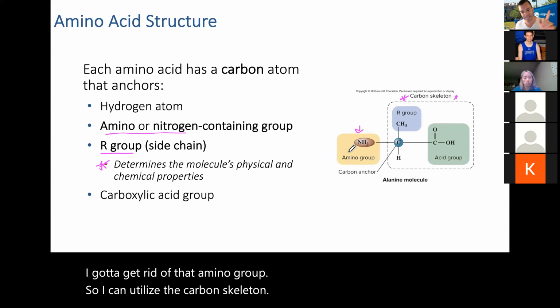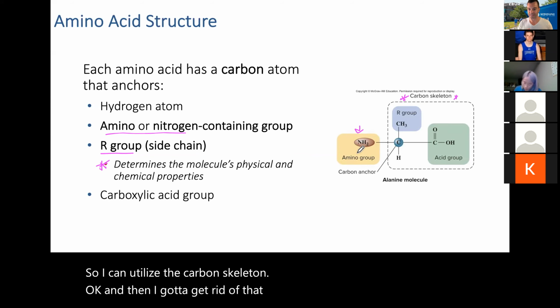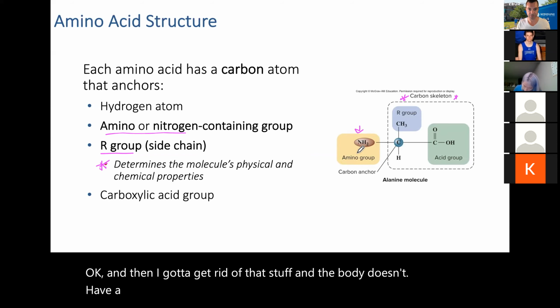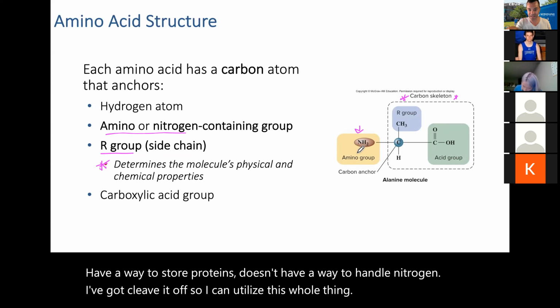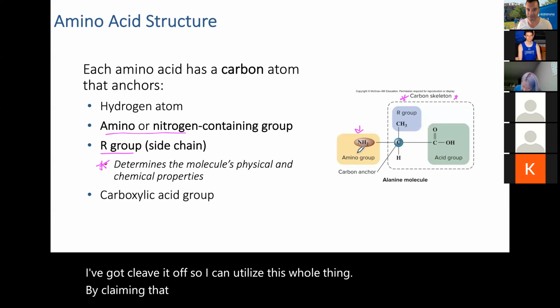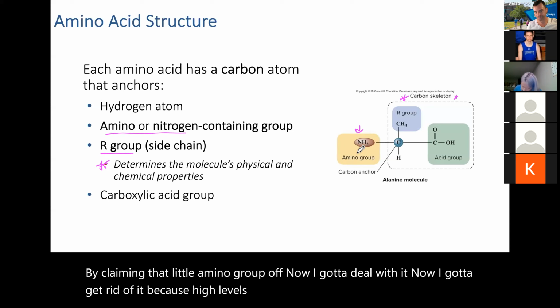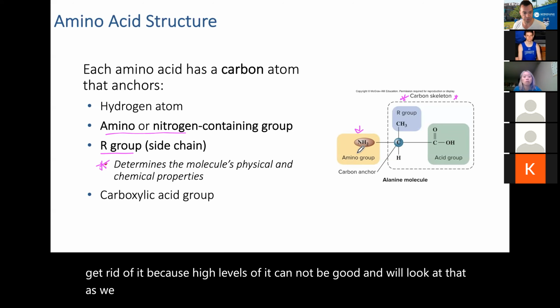And the body doesn't have a way to store proteins, doesn't have a way to handle nitrogen. Got to cleave it off so I can utilize this whole thing. By cleaving that little amino group off, now I got to deal with it. Now I got to get rid of it because high levels of it can not be good. And we'll look at that as we get further on.